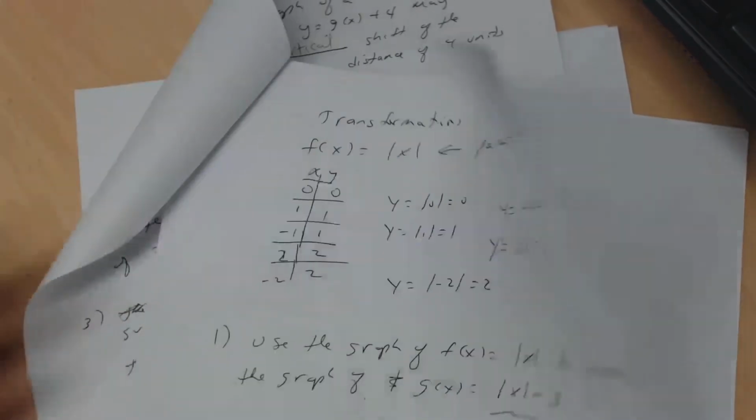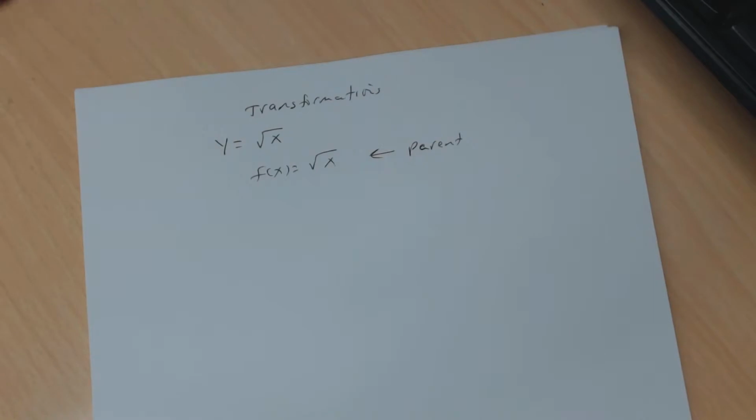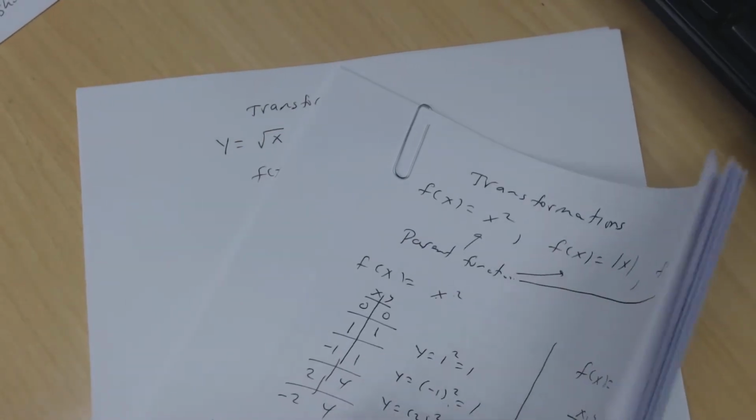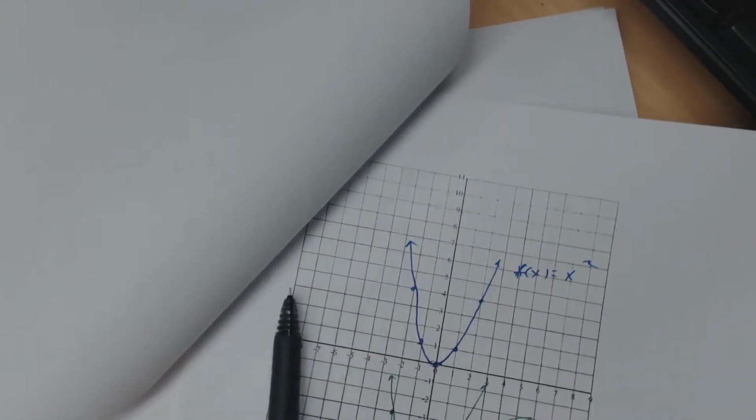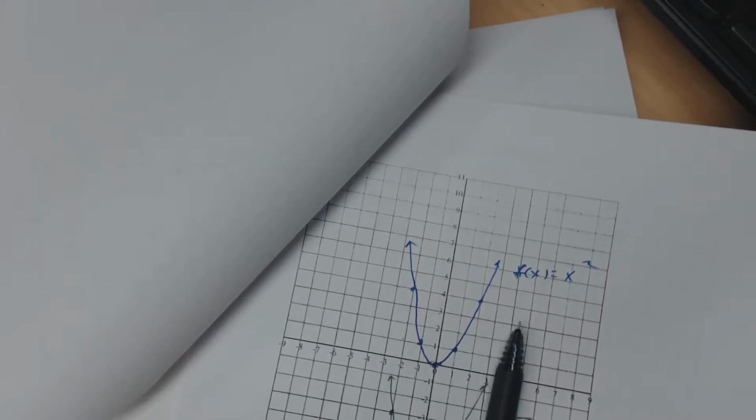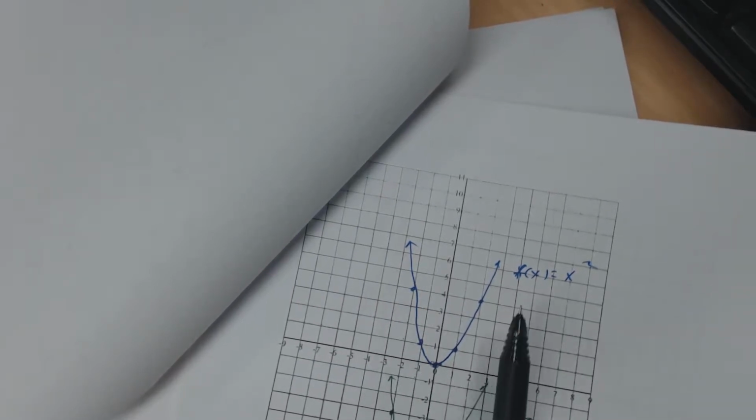The same thing when we talked about the quadratic function. So when you looked at the graph of the quadratic function, f of x equal x squared, the domain was also all real numbers. Every real number of x, you're going to get a y value.